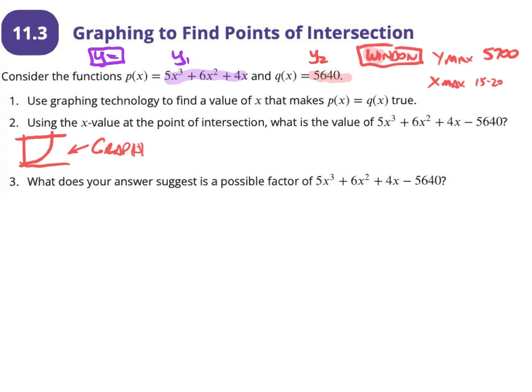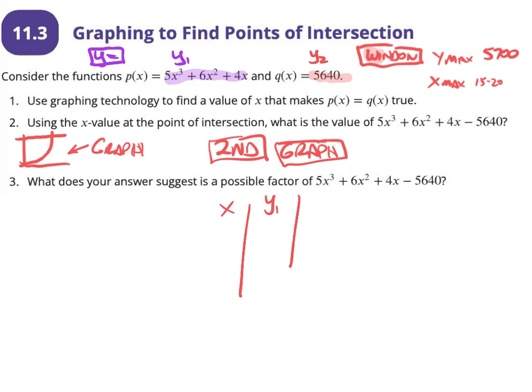Now, to find the point of intersection with a calculator is very easy. All you have to do is hit second graph to bring up the table of values. Now you'll scroll down a little bit. Your X column will be here, your Y1 and your Y2 column. And then you'll have numbers.